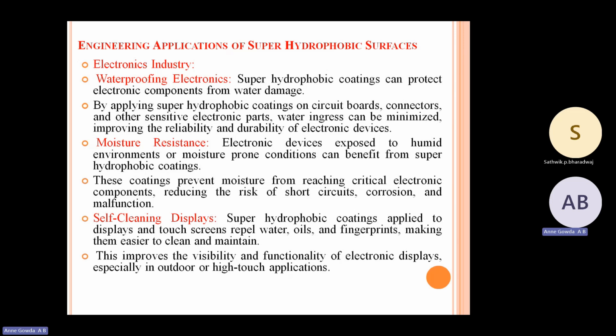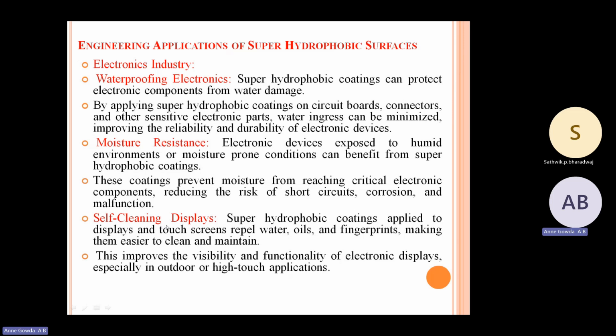So those display board surfaces will be coated with these super hydrophobic materials, so that when water falls on it, the water will roll off very easily. Those are water-repellent surfaces coated with super hydrophobic materials, and they are moisture resistant, self-cleaning displays.